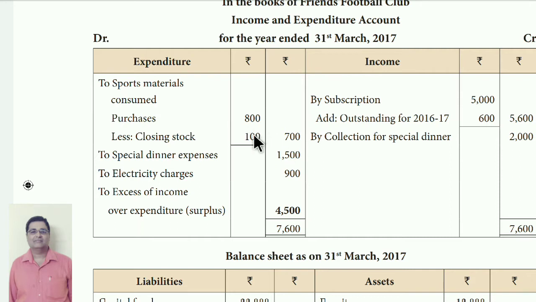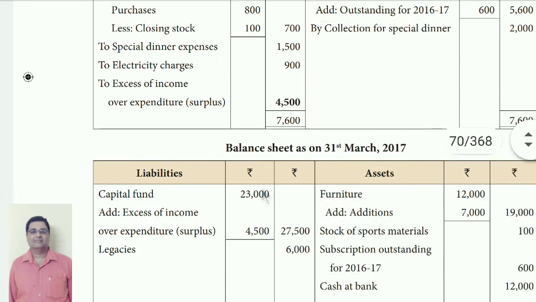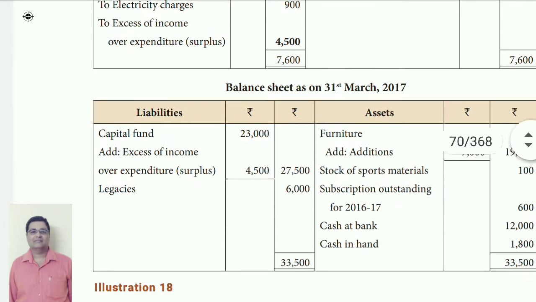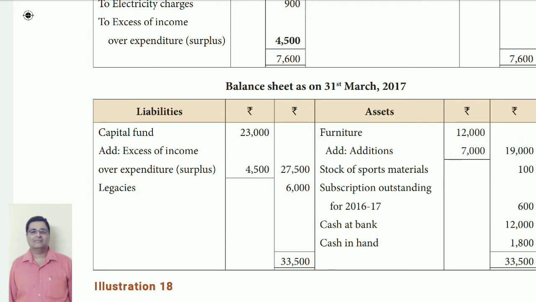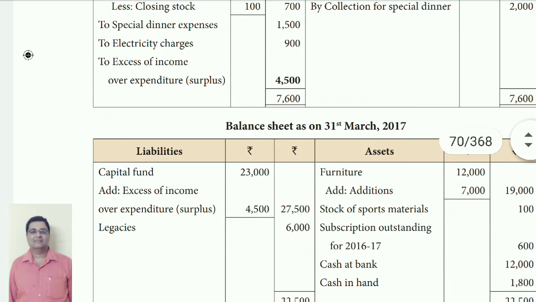Closing stock we always write on the asset side. So see the asset side: stock of sports material rupees 100. Understand? The same 100 rupees closing stock we wrote right here.